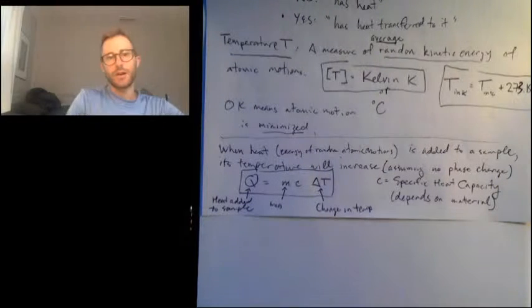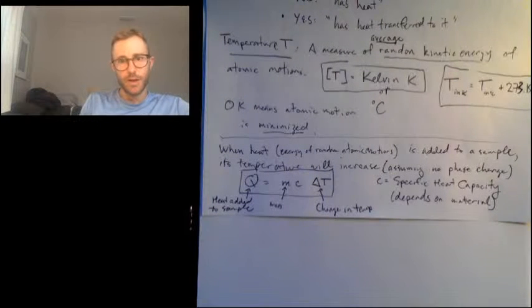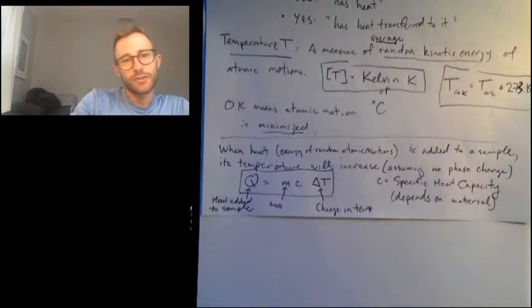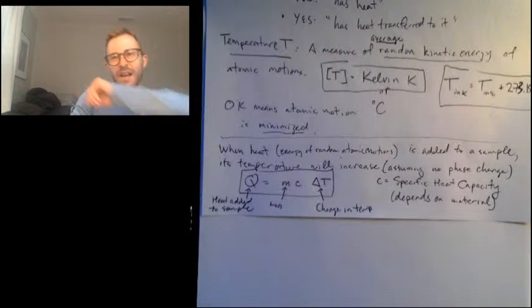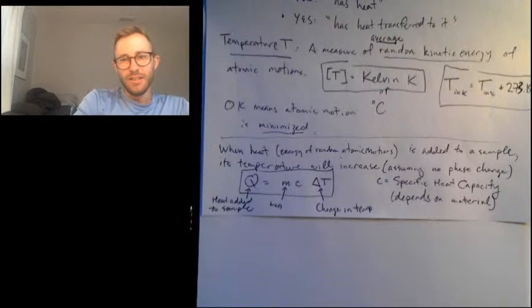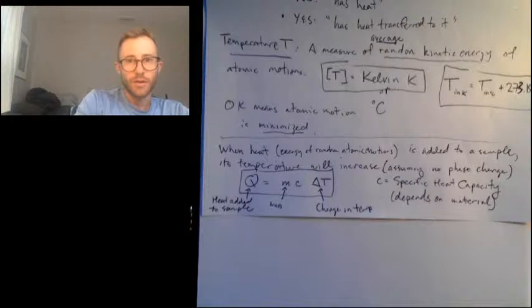It's a property of the material. Water has a certain specific heat capacity. Iron has a certain specific heat capacity. Copper has a certain specific heat capacity, etc. So it's a property of the material that you're adding the heat to.